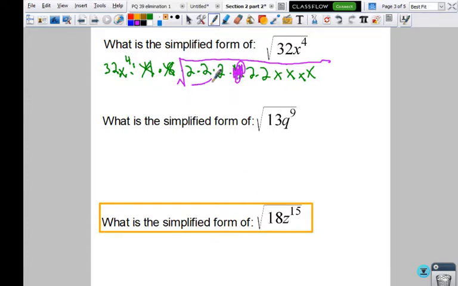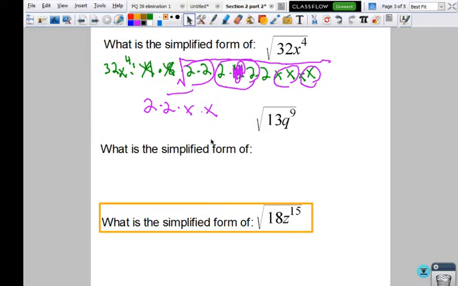So let's see, we're going to have some 2's get kicked out, right? So a 2 got kicked out. And hey, another set of 2's is going to get kicked out. And then we're going to have an x get kicked out. And then another x gets kicked out. Is that x by itself?